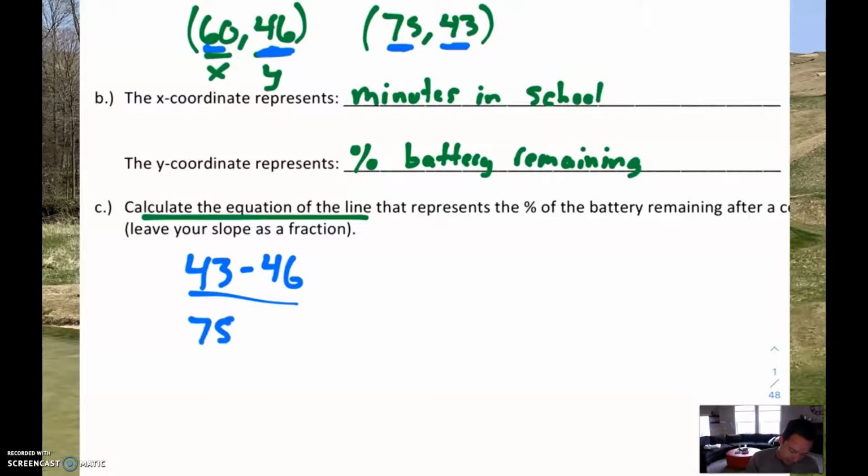So 75 minus 60. And if you subtract these, we have 43 take away 46 is a negative 3. And 75 take away 60 is 15. So we have negative 3 over 15. And we could reduce this if we wanted to. Divide the top and bottom by 3. And we get negative 1/5 as your slope. You could turn it into a decimal if you wanted. I think it's going to be easier to interpret later on if we leave it as a fraction.